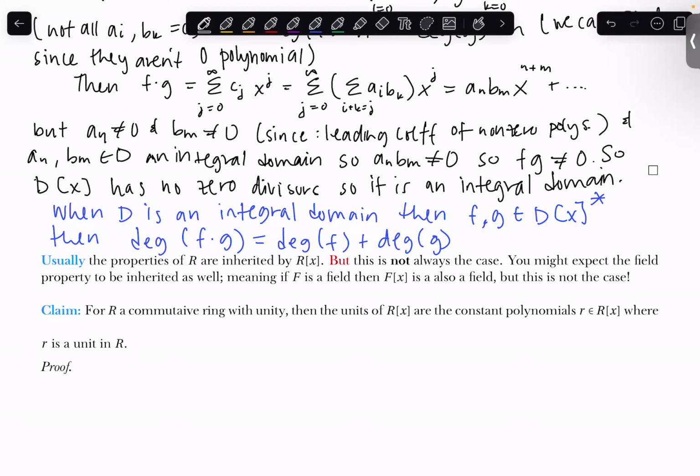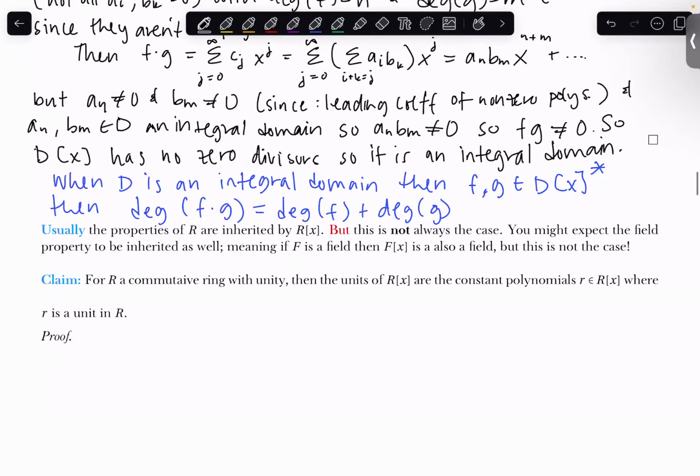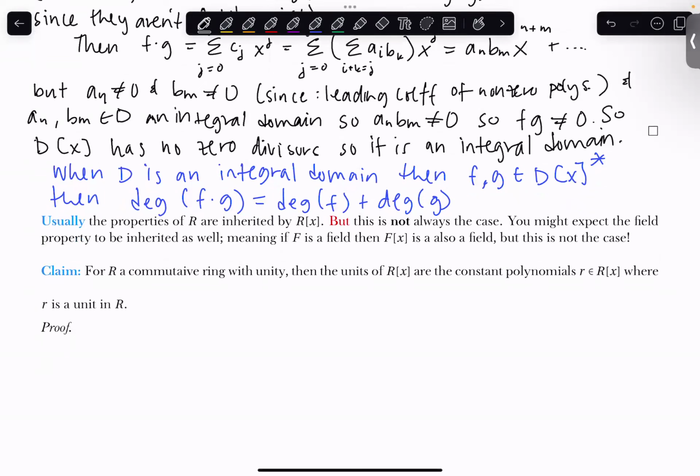We're not going to get all the multiplicative inverses, even when the coefficients have multiplicative inverses. And it turns out if R is a commutative ring with unity, then the units of the polynomial ring are just going to be the constant polynomials that were units from the ring to begin with, right?